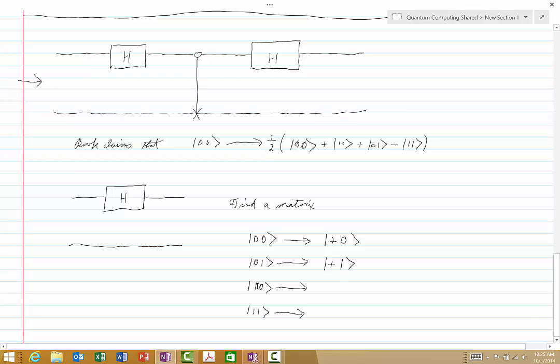The 1 for the first qubit, well, the Hadamard transformation takes 1 to minus, and again, the second qubit is unchanged. And finally, the 1 here goes to the minus qubit, and the second one is unchanged.